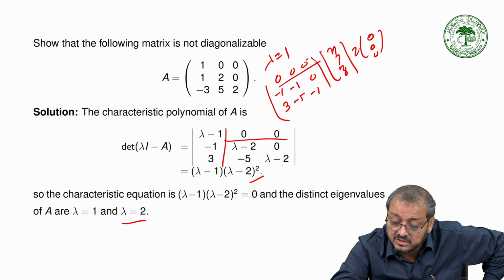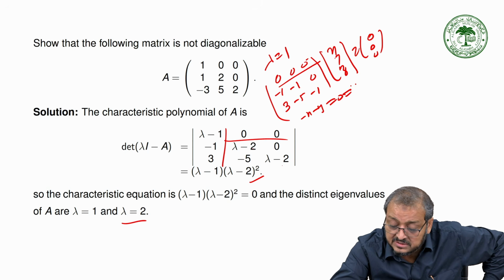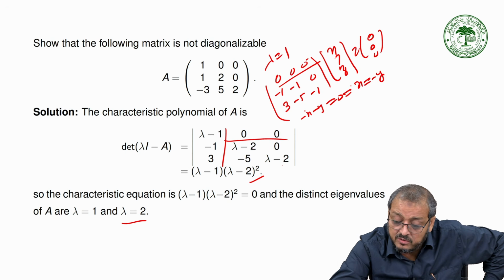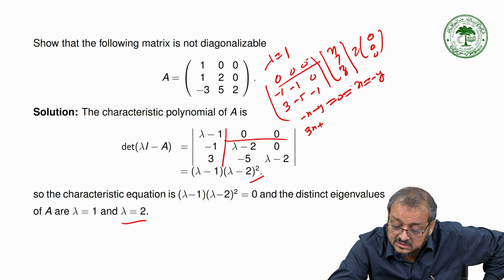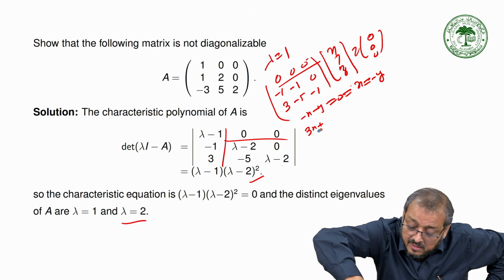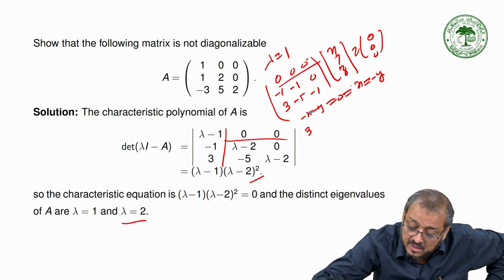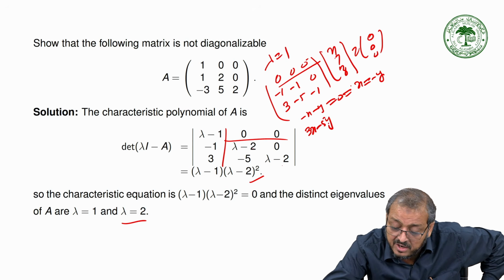The first row gives minus x minus y equal to 0, which implies x is equal to minus y. Then from the third row we have 3x minus 5y minus z equal to 0.